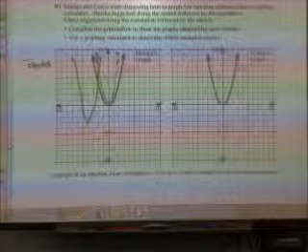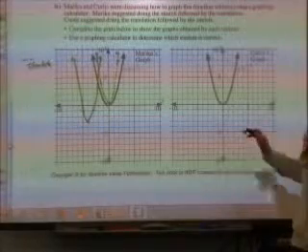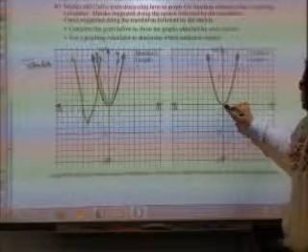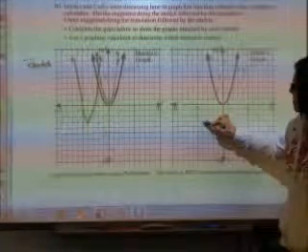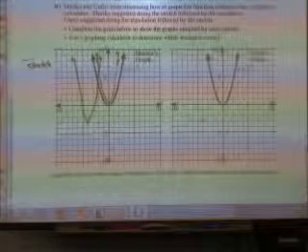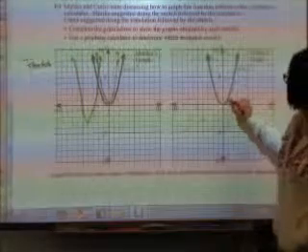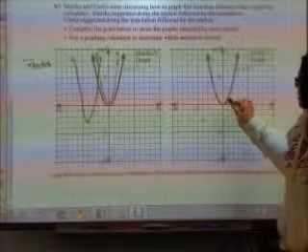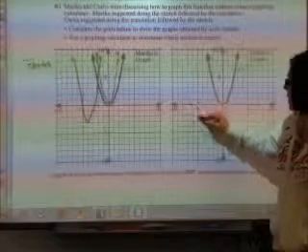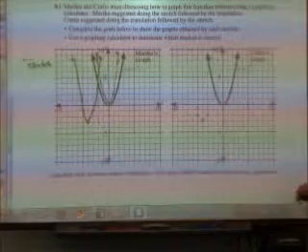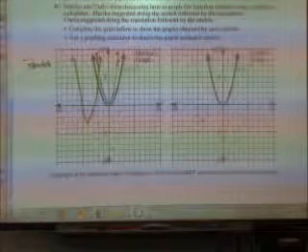Curtis does the opposite. Curtis translates first. So if he takes this graph and moves it 4 to the left and 3 units down, his point of (0, 0) becomes (-4, -3). These 2 points that are at (1, 1) and (-1, 1) now become (-3, -2) and (-5, -2).